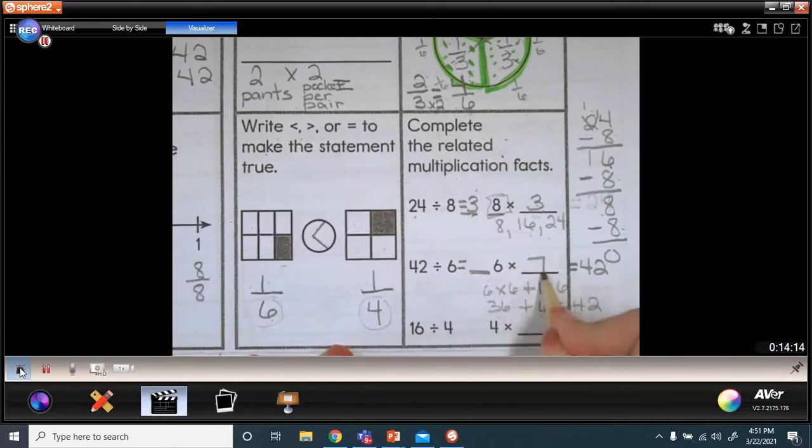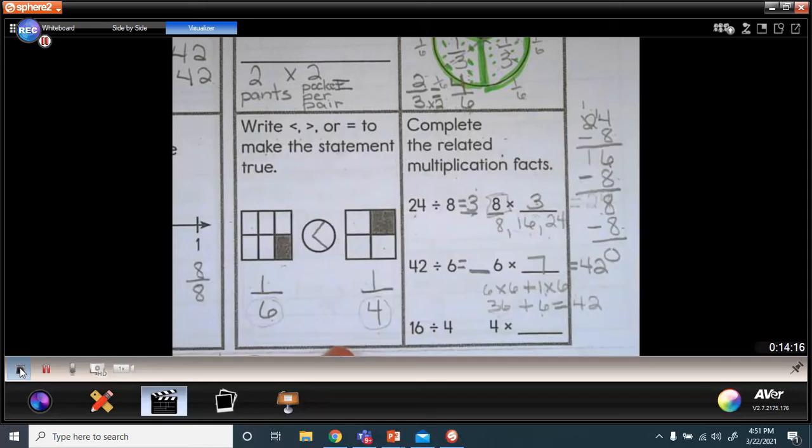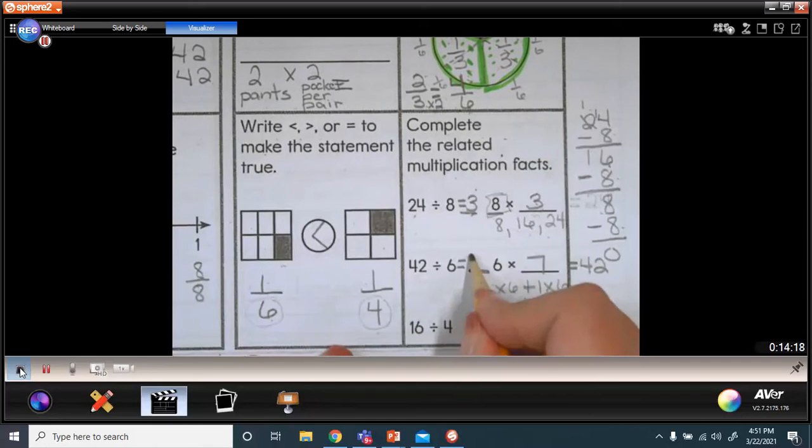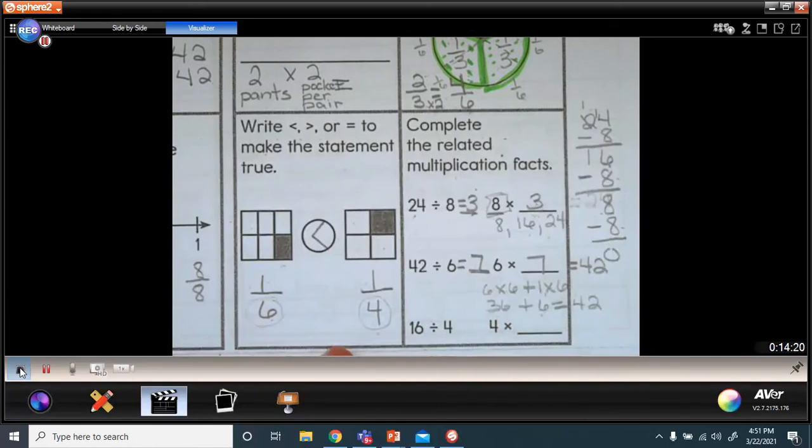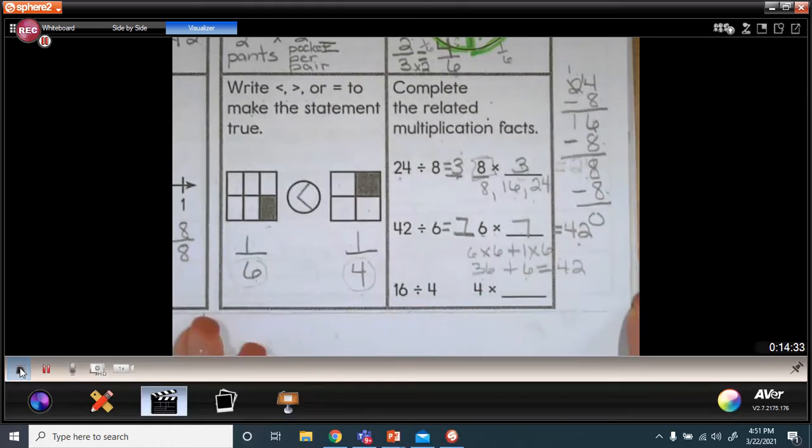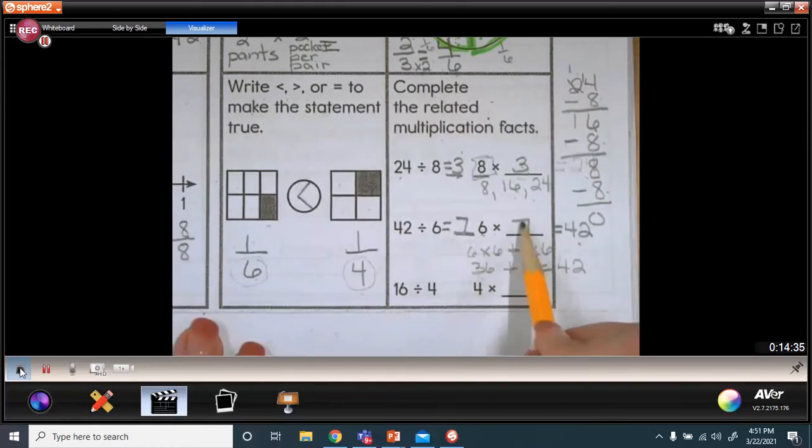So my missing factor here is 7, which means my missing quotient here is 7. So 6 groups of 7 is 42, or 7 groups of 6 is also 42. So again, we can think about it in taking this factor and switching it. It's called the order property of multiplication.